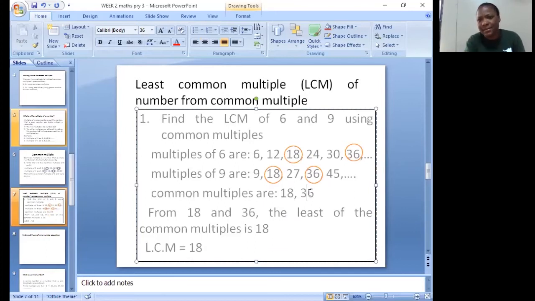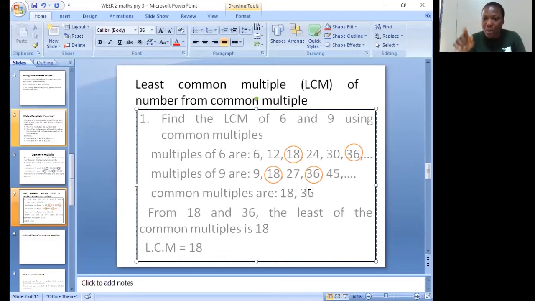Did you get that? Good. Try and go over it again. Find the multiples first of the two given numbers. Write the multiples out, like the way we did it second term. Write it out first. Now circle the same numbers that you can see in the first one and in the second one.